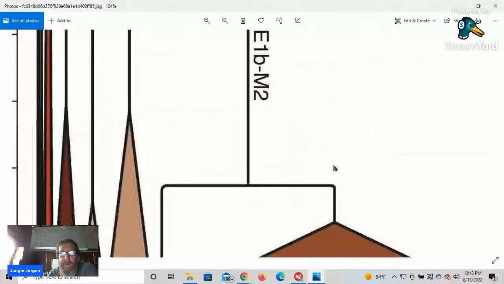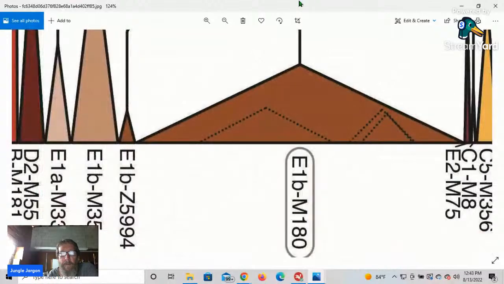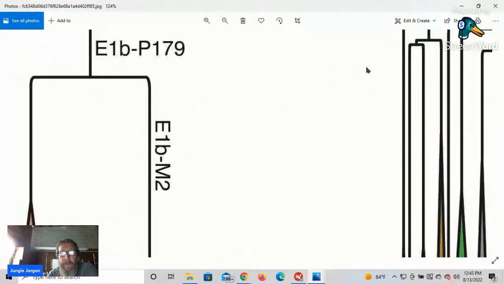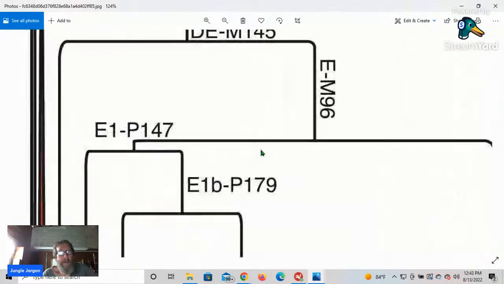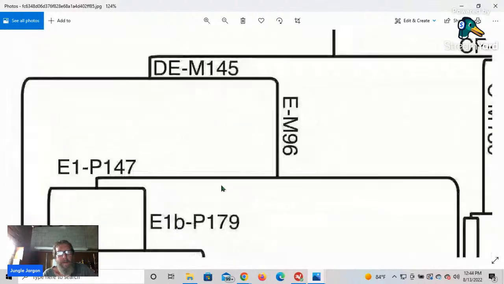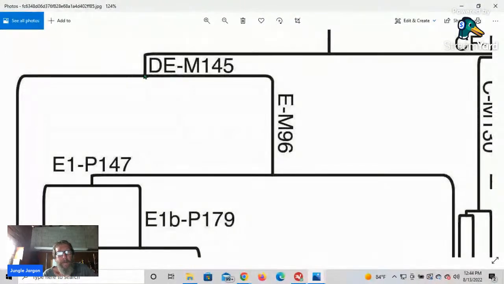because D is a descendant of probably E2. Let's see which one is E2. Here's E2 over here. Yeah, so this E2 over here is probably where the D is connected to.